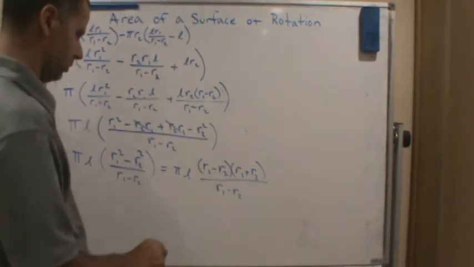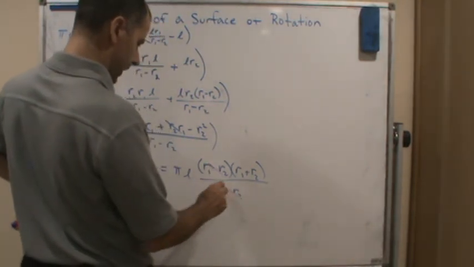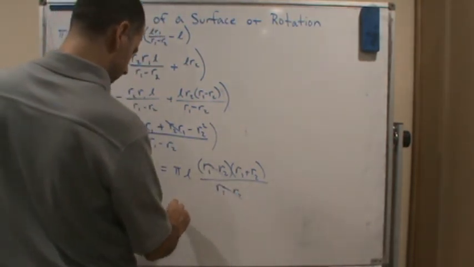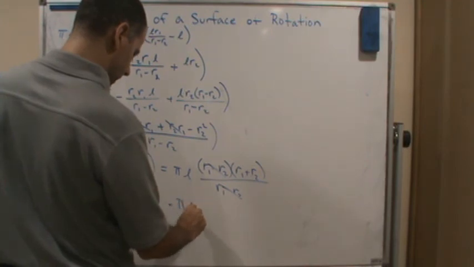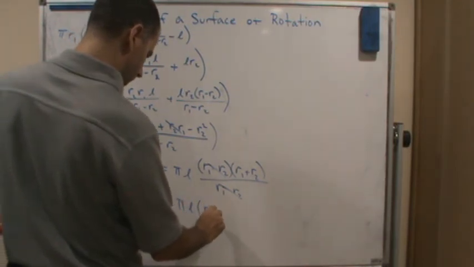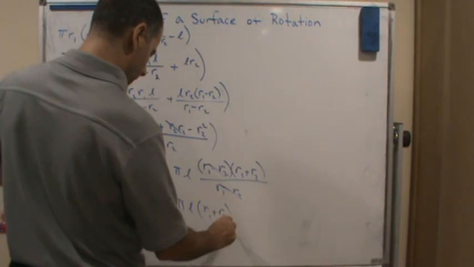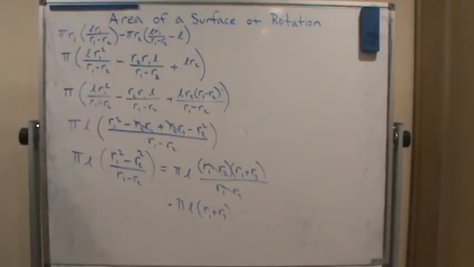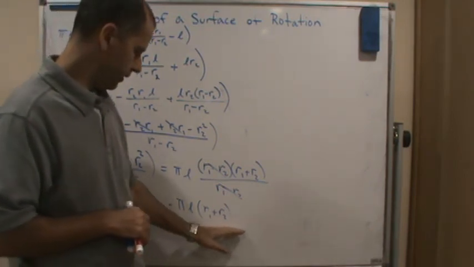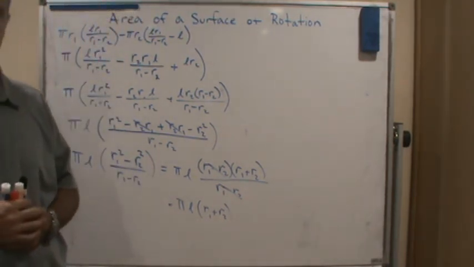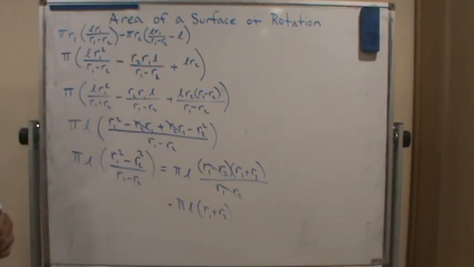And now R1 minus R2 cancels, and we end up with pi times L times R1 plus R2. And that's the final answer. Okay? So this is the formula for finding the surface area of a frustum.